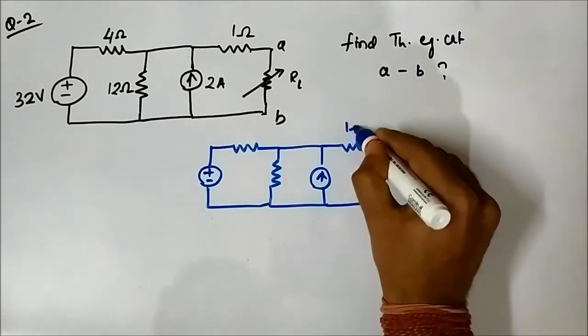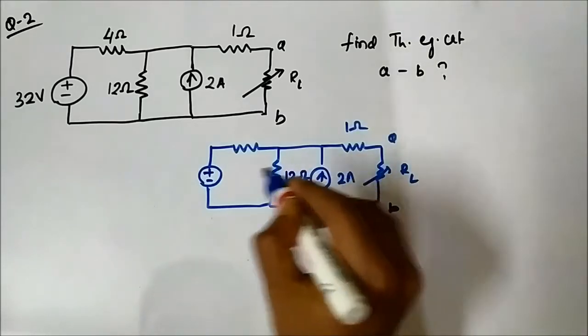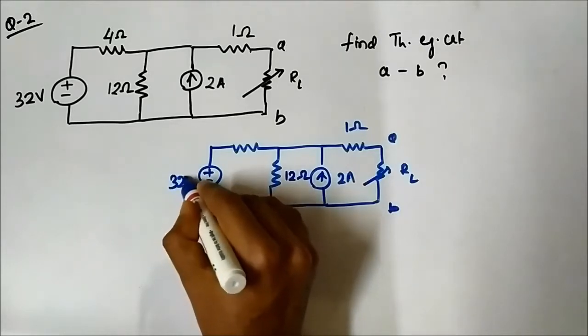B, 1 ohm, 2 ampere, 12 ohm, 32 volt, 4 ohm.